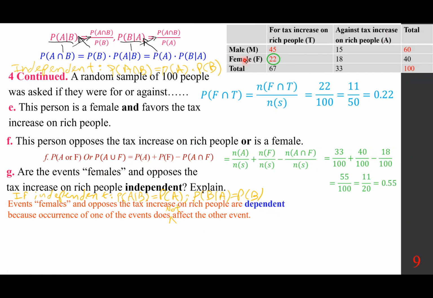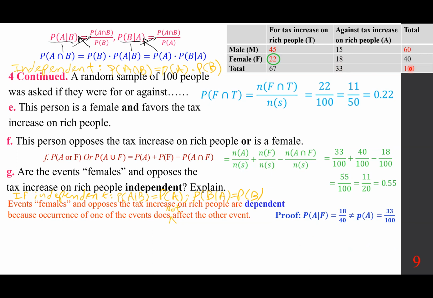So probability of A given F is 18 out of 40. But probability of A is 33 out of 100. Since they are different, they are not independent. It makes them dependent.